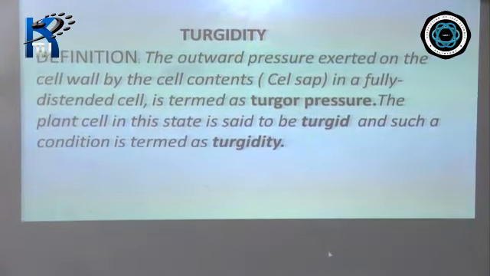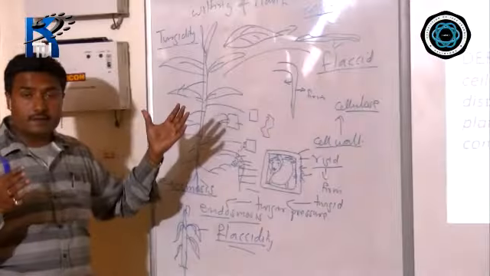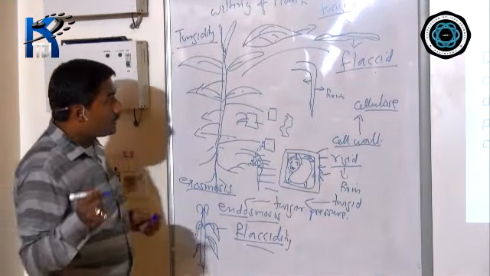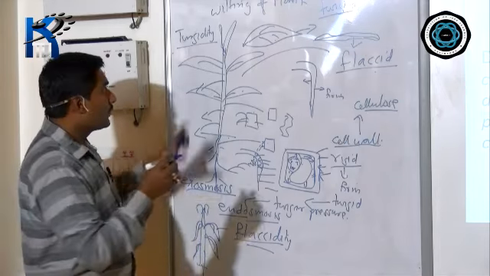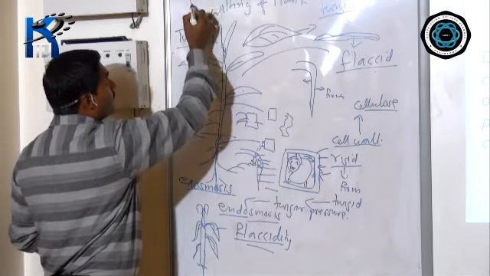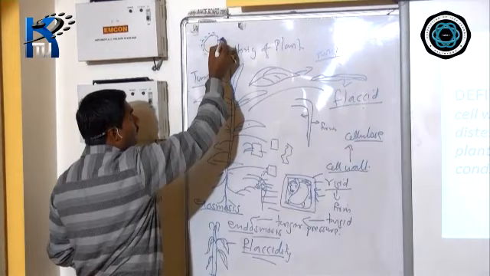Now, there are a few more importances of turgidity. One, I told you, is the shape of the parts of the plant, that is the leaf, the root, shoot and all. The next thing is the germination of a seed. The seed has a seed coat.